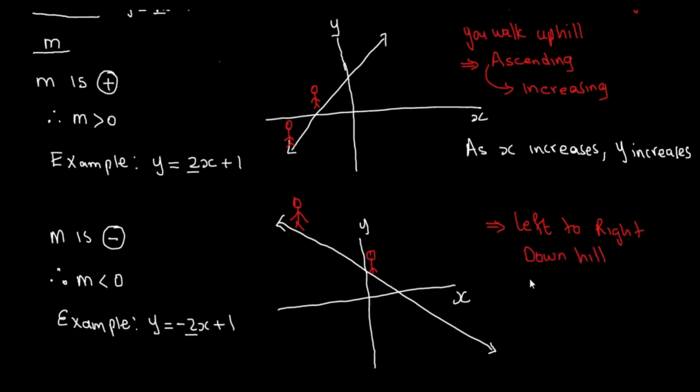So this tells you that the graph is descending. Therefore, the graph is descending, and that is what we call a decreasing graph. So the graph is decreasing.